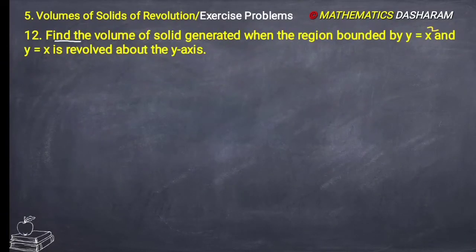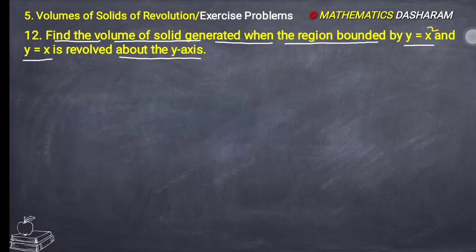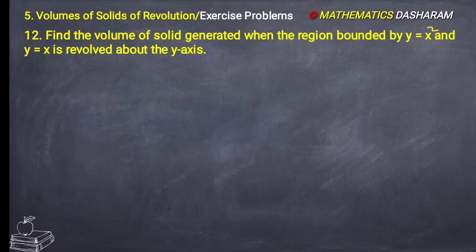12th question: find the volume of a solid generated when the region bounded by y equals x squared and y equals x is revolved about the y-axis. So here two curves are given, one is y equals x squared, another one y equals x, revolved about the y-axis. So let's find out the y values.